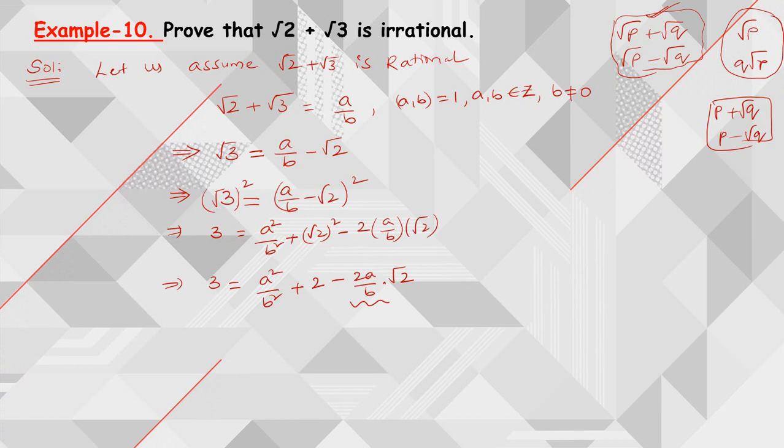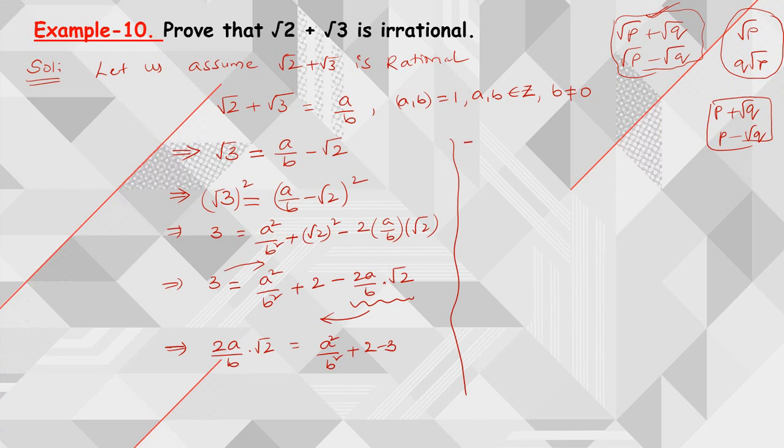Now this particular term contains the root 2 part, which I am going to transpose to the left hand side, and this 3 I am going to transpose to the right hand side. Then I have 2a by b into root 2 is equal to a square by b square plus 2 minus 3, right?